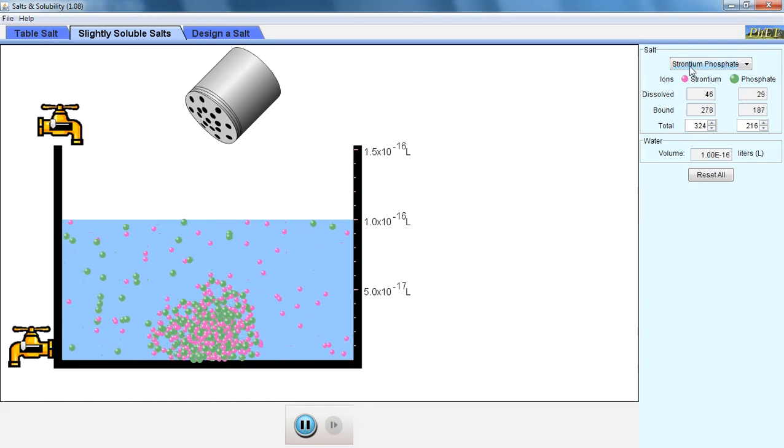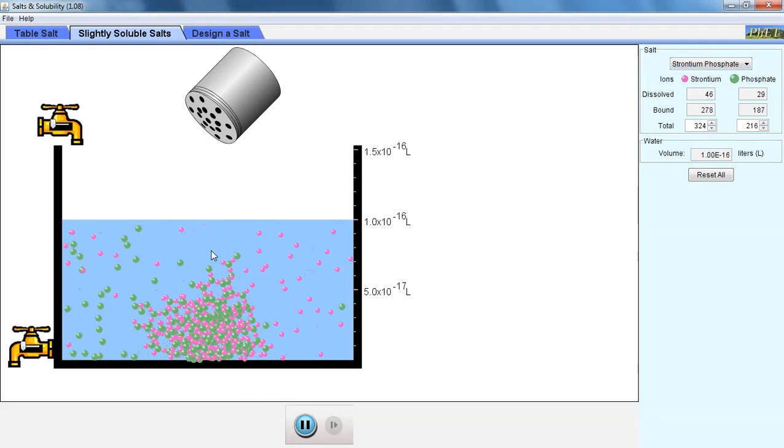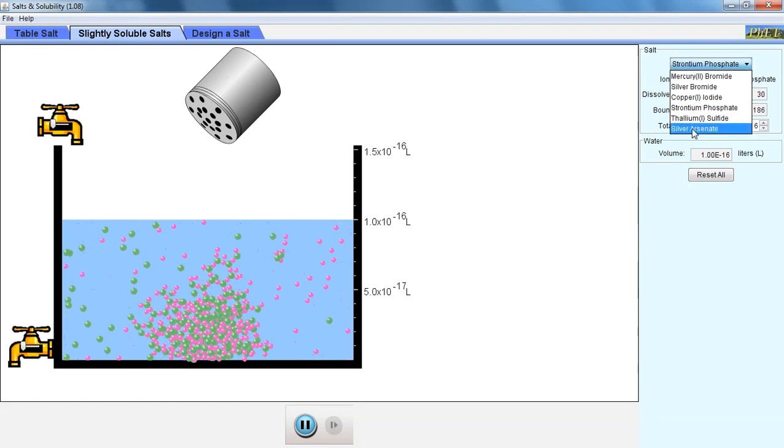That's because my formula for strontium phosphate is Sr3(PO4)2. So I've got 2 phosphates for every 3 strontiums. You can work out the formula given the values over here, or if you know the formula, you know you're going to get 3 strontiums for every 2 phosphates being formed.